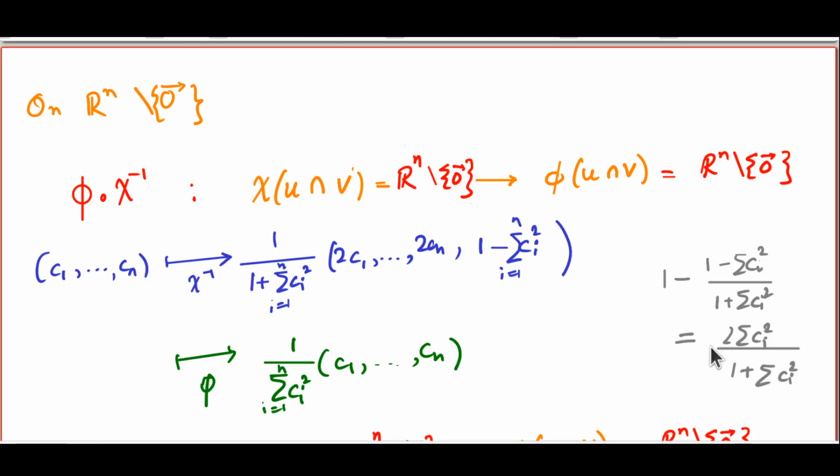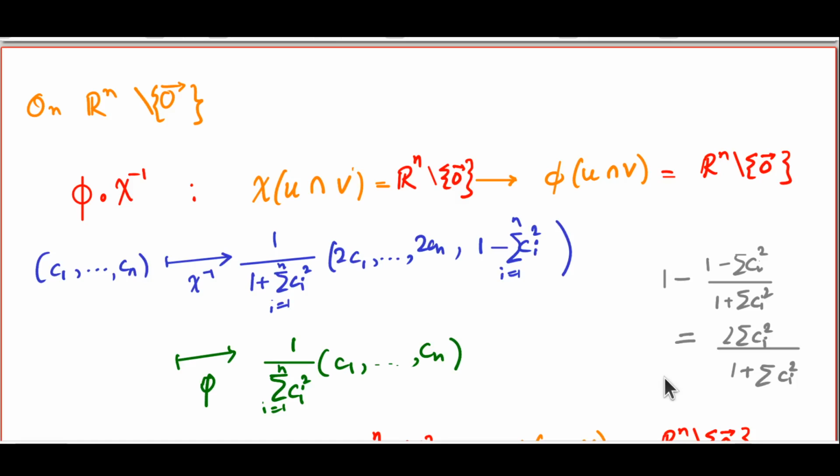Now if you take a look at this simple algebra, it will show you that this is actually twice sigma Ci square by 1 plus sigma Ci square. Now if I divide the first n of these coordinates by 1 plus an plus 1, which is what we need to do to find out the result of phi acting on these n numbers, the result is very simple. The 2 cancels out.